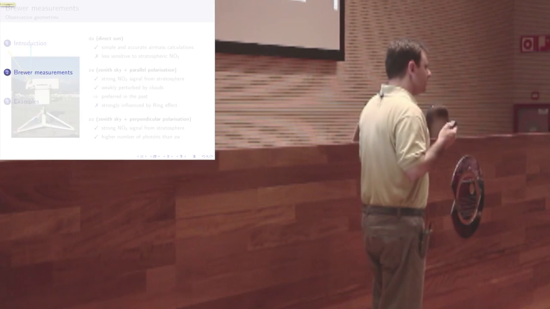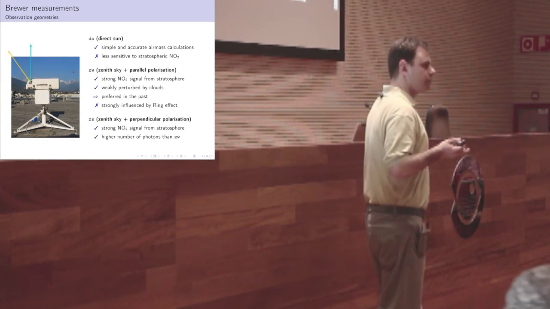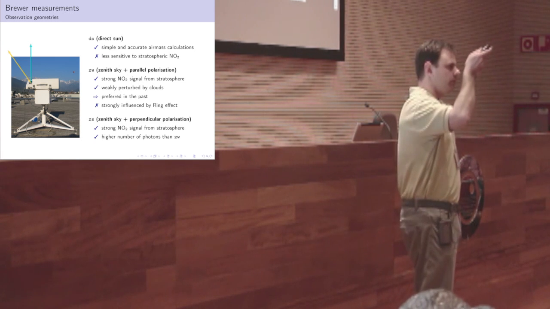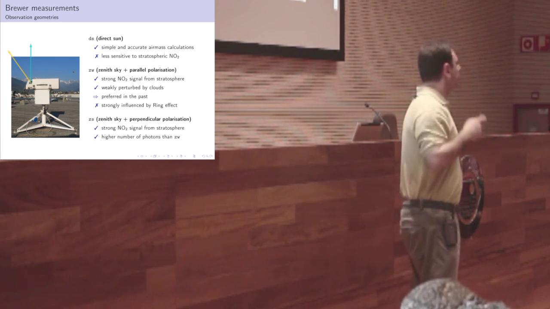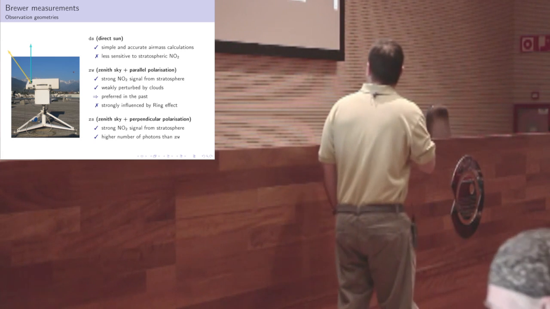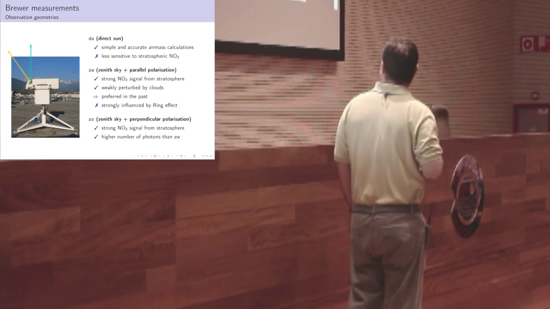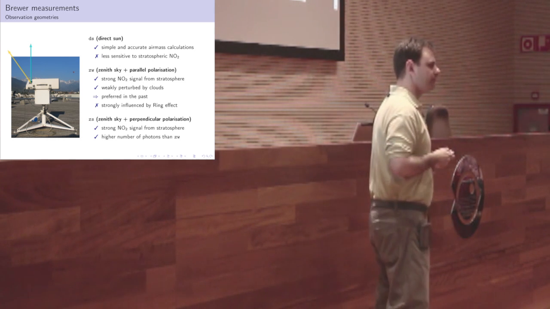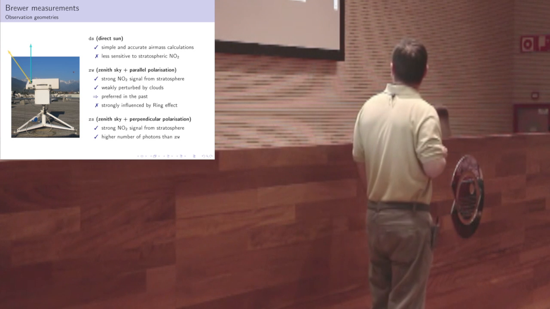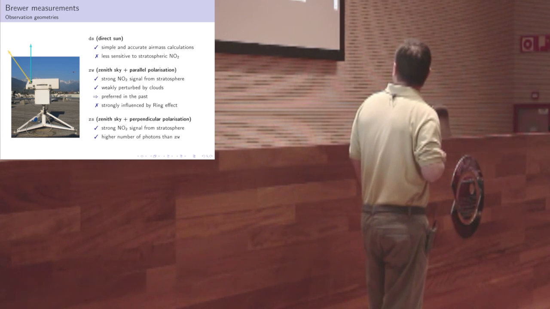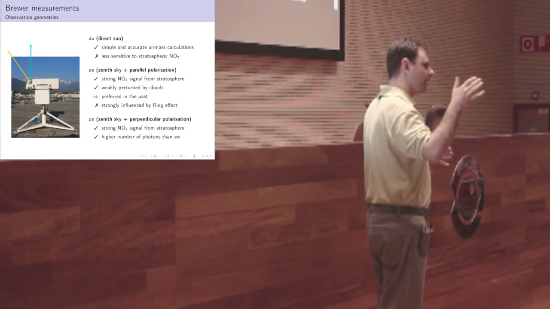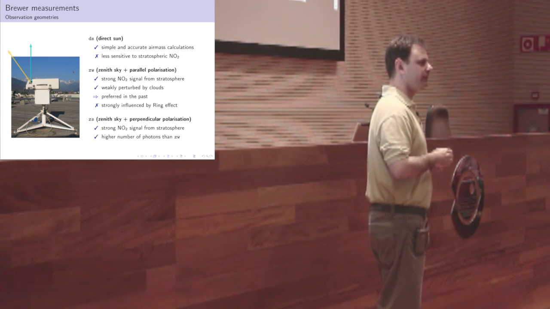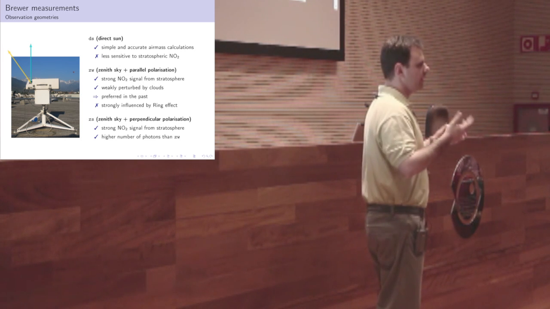Those measurements can be performed in 3 different geometries. You can directly look at the sun through the direct sun measurements. The air mass calculation is very simple in this geometry, straightforward. But the problem is that the path of the sunbeam is very short, so you have high noise.